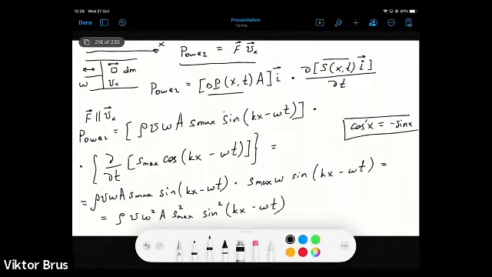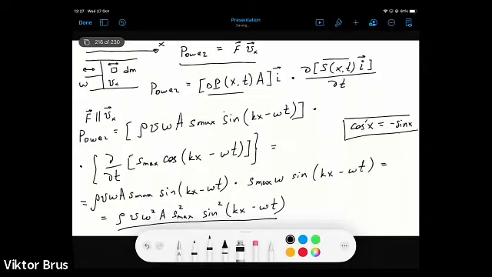Okay, so this is the equation we will continue working with. So far, everything is clear, yes?